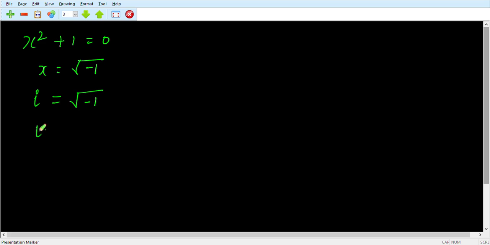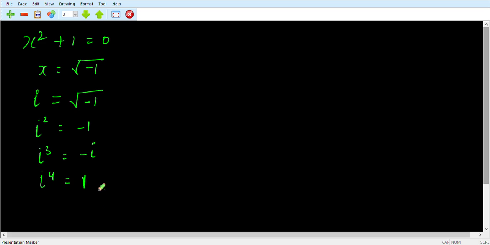When we squared iota, we got minus 1. The cube of iota was minus iota. The fourth power of iota is 1.